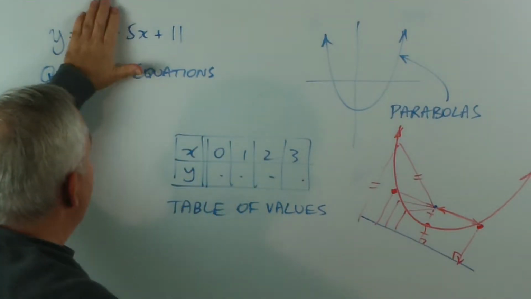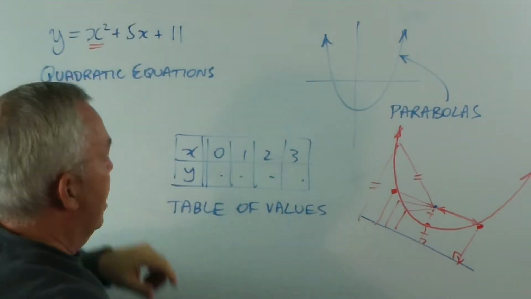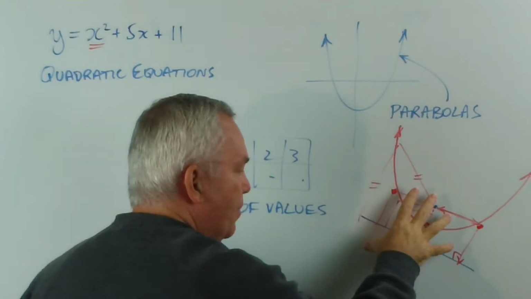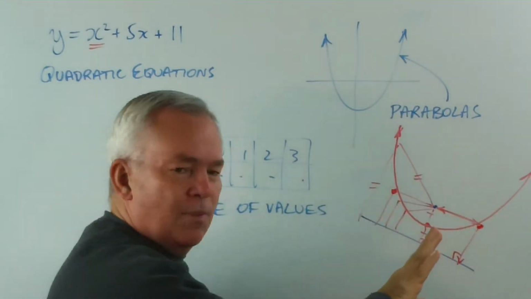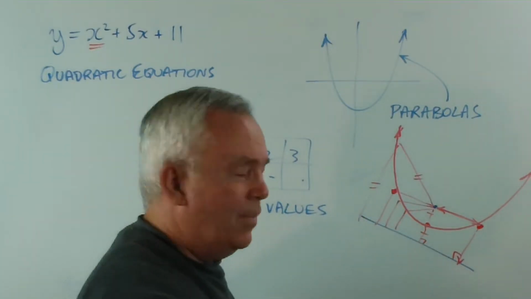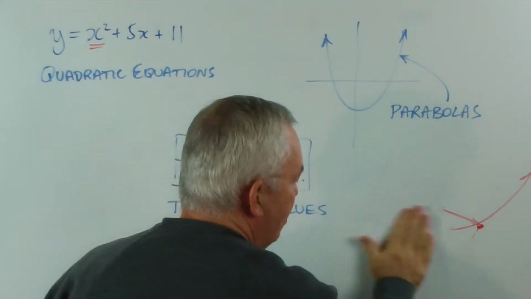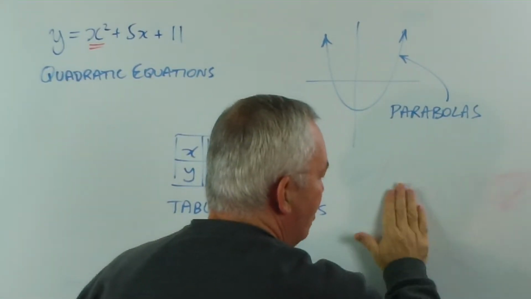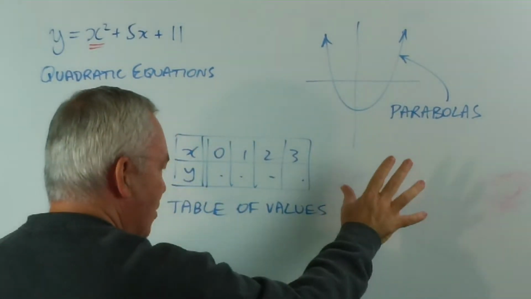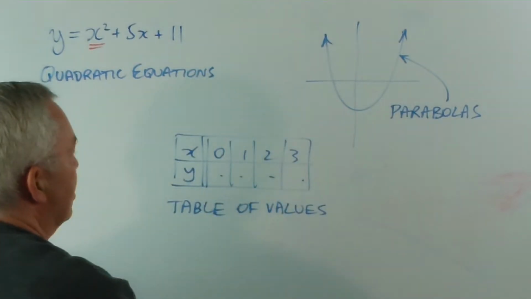If there was no square, these kinds of graphs would give us straight lines, and the x squared gives us a bend. But that is the nature of a parabola. We're going to push that aside for a moment, because we're going to come back and visit this in some detail in later videos. But for the moment, just be aware that's why we use that definition from geometry that gives us these graphs.